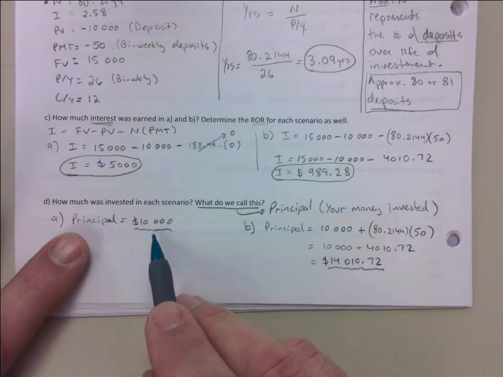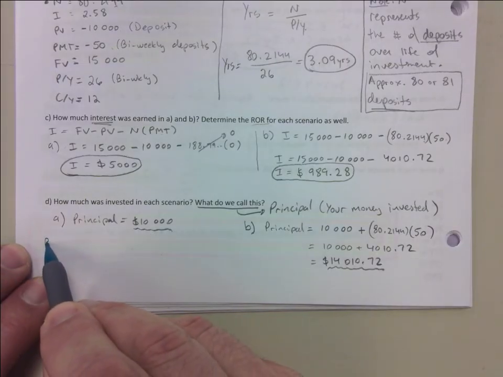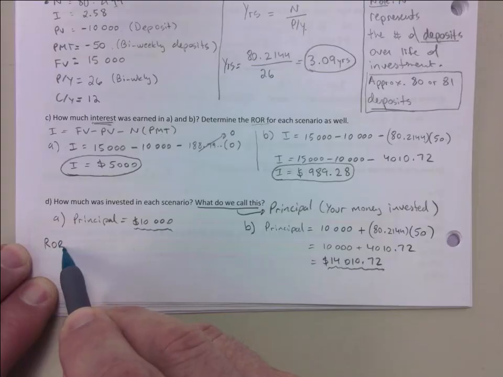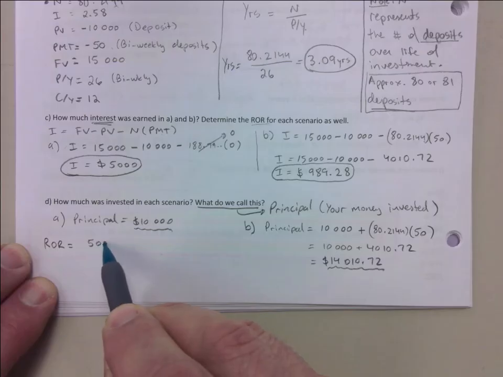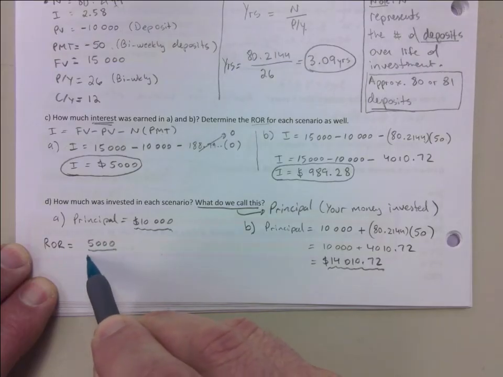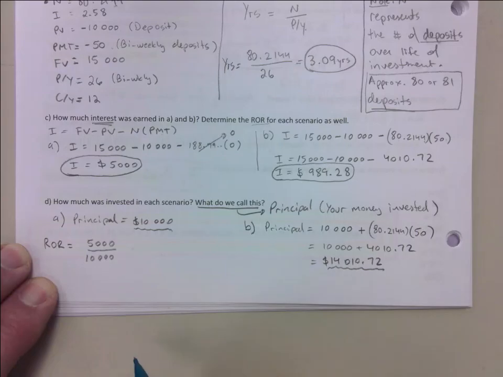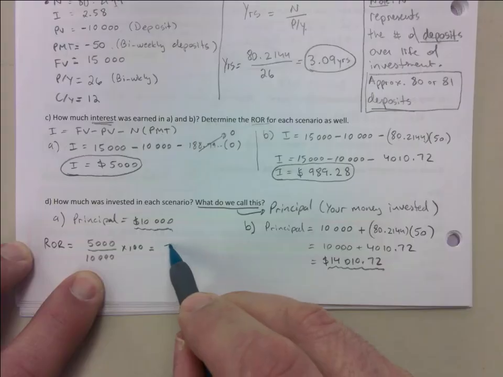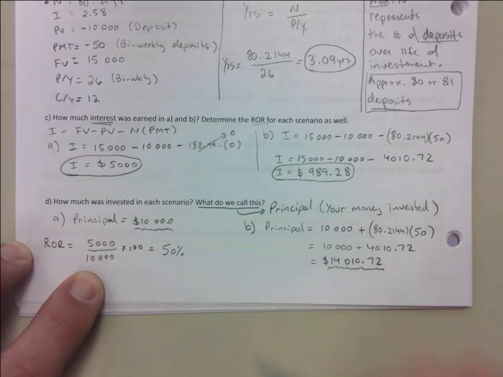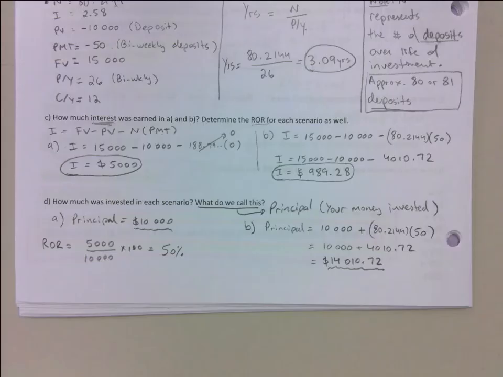What is the rate of return for the first one? Rate of return is going to be the interest you've earned divided by the principal that you've invested times 100. And you get 50% rate of return for that first investment.